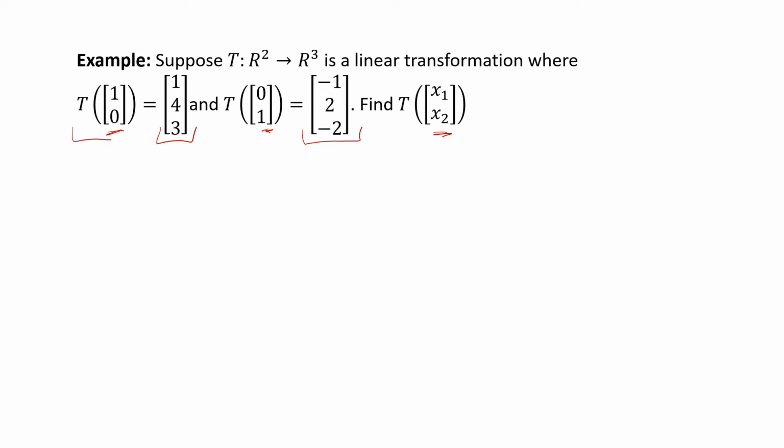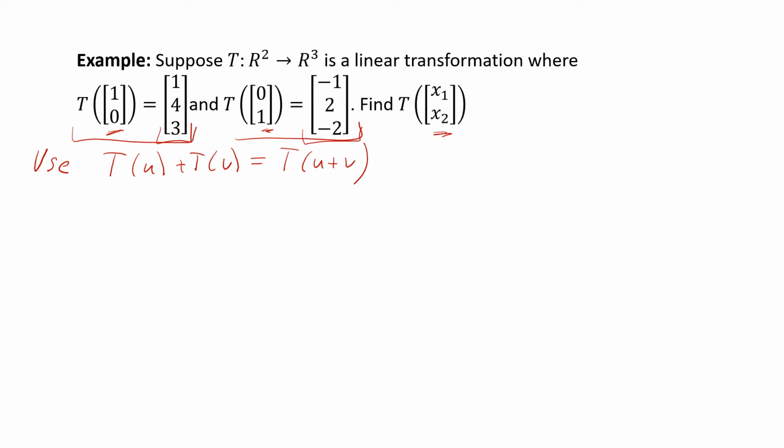With just two examples, and the fact that we have a linear transformation, I can use those two examples to figure out everything. So here's what I'm going to do. I'm going to use the fact that T(u) plus T(v) is equal to T(u plus v).